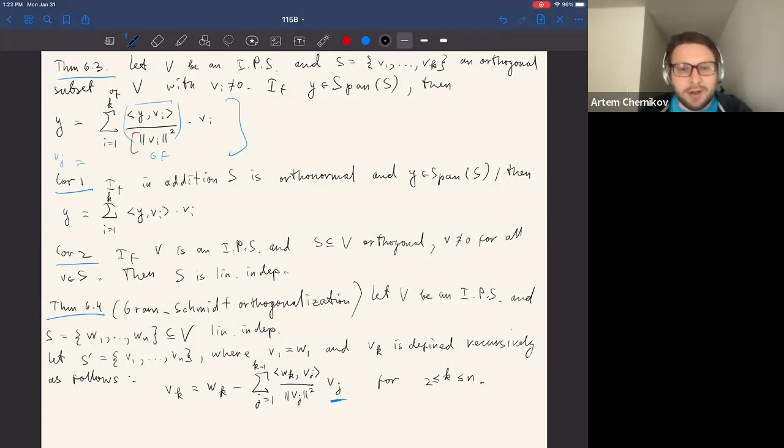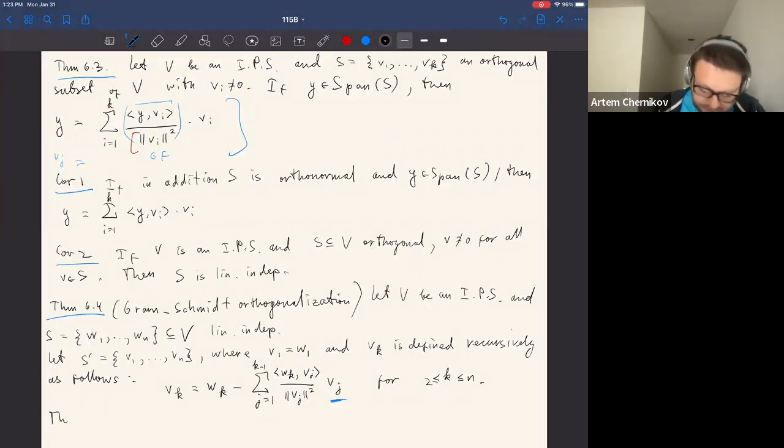It allows us to define the vector Vk in terms of the previously constructed vectors, so in terms of Vj for j smaller than k, and the Wk, of course. All right. So this gives us a way to define a new set of vectors, Vi, from Wi.